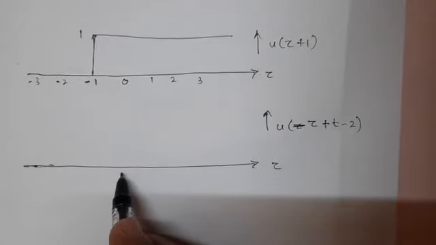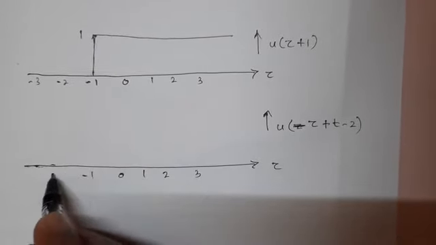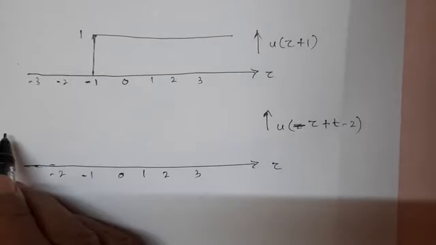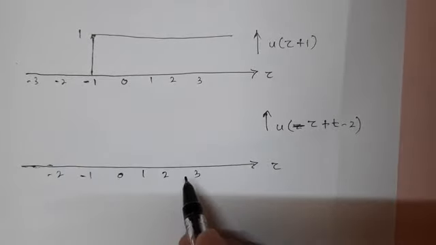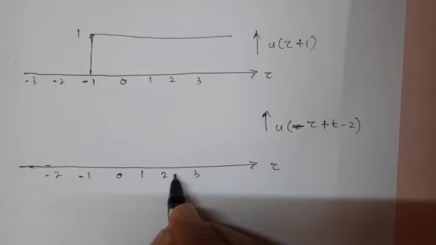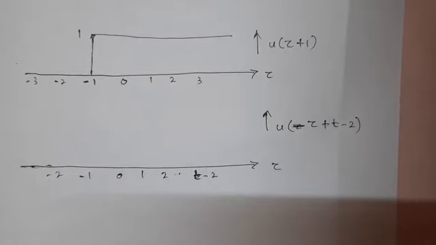If it is 0, 1, 2, 3, minus 1, minus 2, u of minus tau will start at 0 and extend towards the left side, a reflected version of u of tau. But since it is shifted by t minus 2, somewhere I have to show that. So here I will consider this as t minus 2.